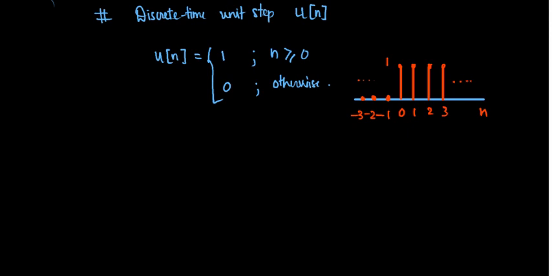Similarly, del of n, the discrete time unit impulse, is defined as 1 only at n equal to 0 and 0 otherwise, for n not equal to 0. Now this is well defined, isn't it? This doesn't have any kind of ambiguity.